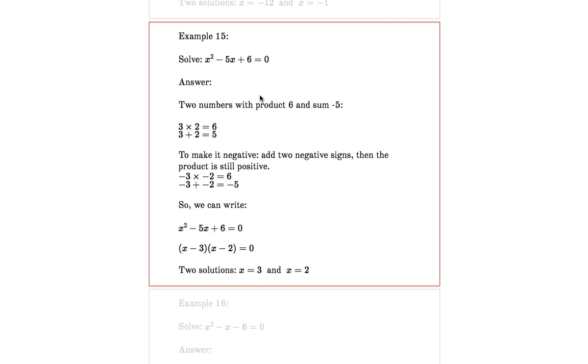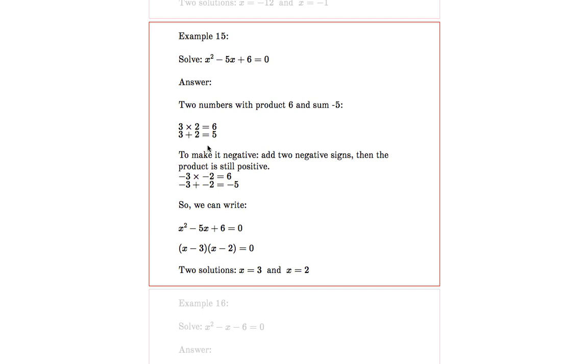Another example of the product sum rule, but now we have a negative sign. So first look at the product. 3 times 2 is 6, but 3 plus 2 is 5, not minus 5. So we have to introduce two negative signs, because minus 3 times minus 2 is also 6, and minus 3 plus minus 2 is minus 5.